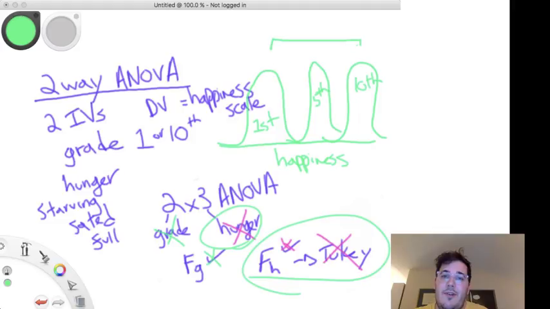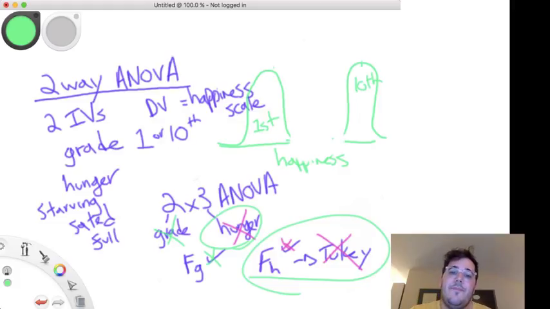Is it between those 2? Is it between these 2? Is it between those 2? Where would the difference be? That's why it's 3 or more levels, because then there's more than one option as to where the difference could reside between your levels. But when it's only 2 levels, there's only one possible place for there to be a difference. It's between those 2 levels.